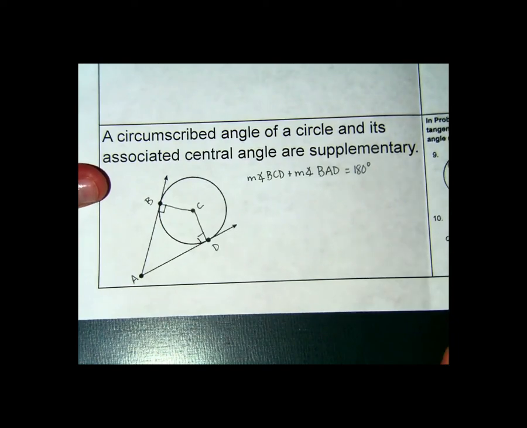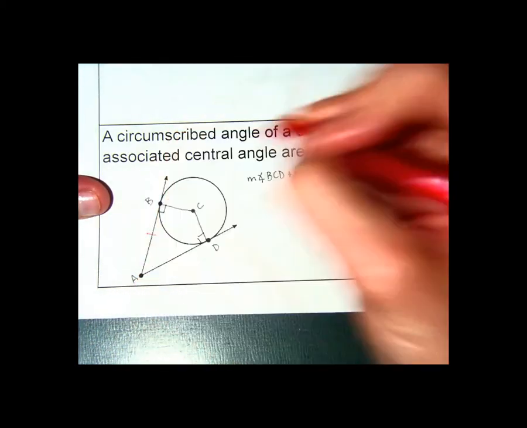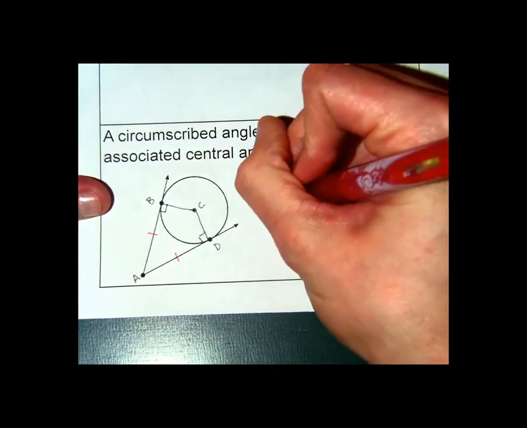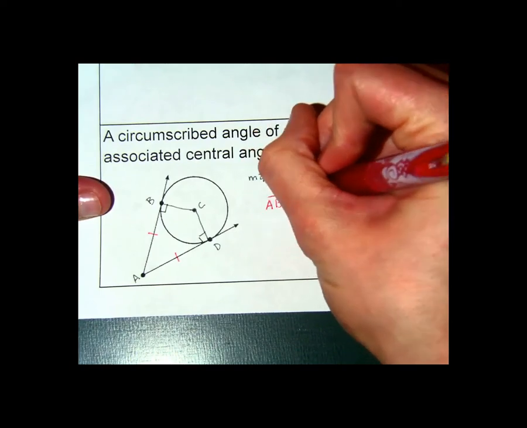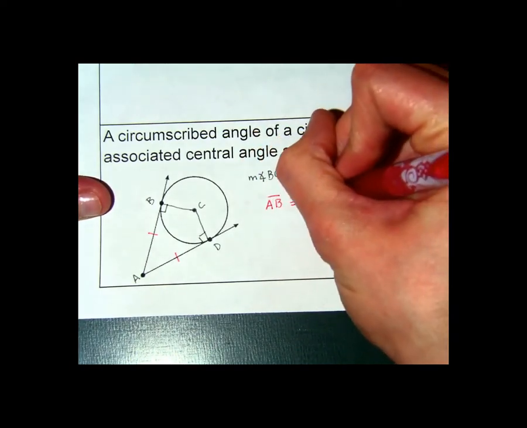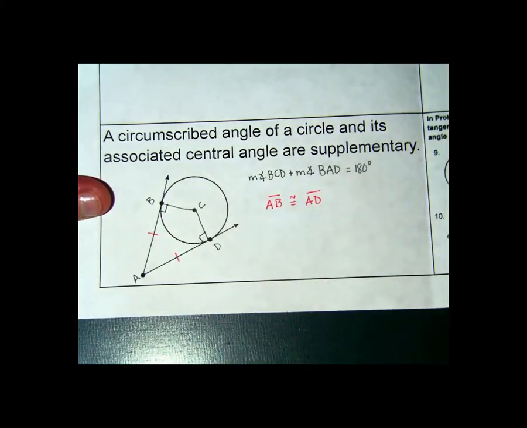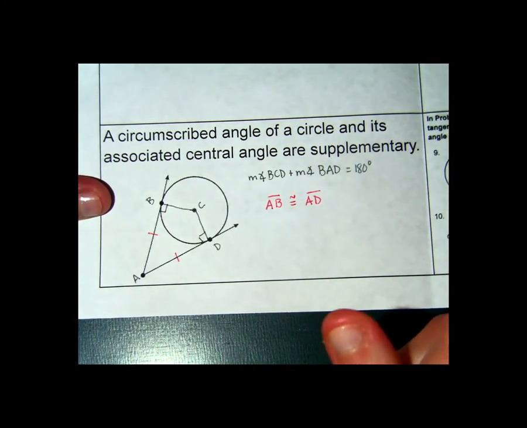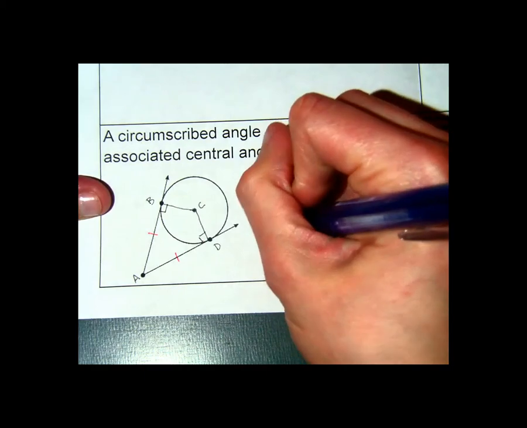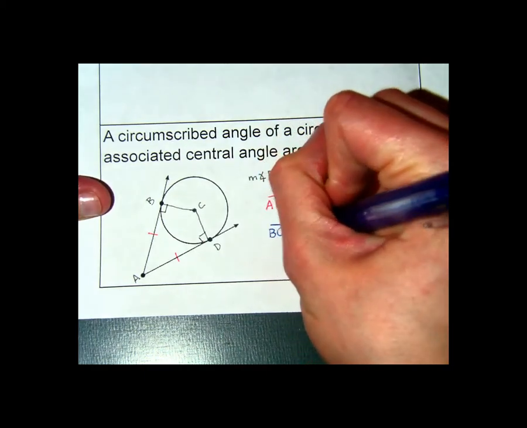Alright, but what else did we just figure out as well? Yeah, we just figured out that also AB is congruent to AD. We already knew that these were 90. What else did we already know? BC is congruent to CD just because they're radii.